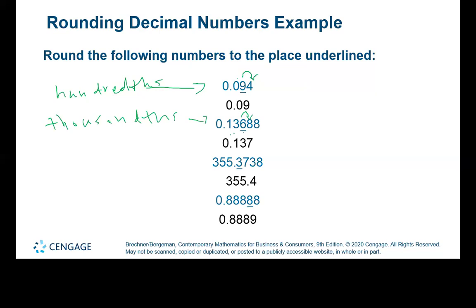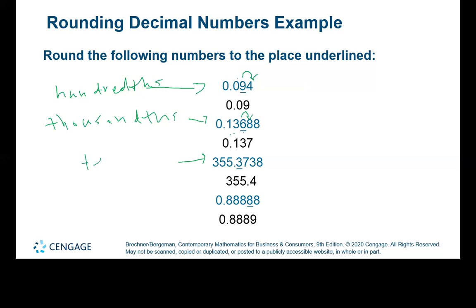Remember, if the number behind the one you're rounding is 5 or more, the number that you're rounding rounds up 1 unit. So the 6 becomes a 7, and everything behind the 7 becomes a 0, but we don't have to write it. So our number is 137 thousandths.